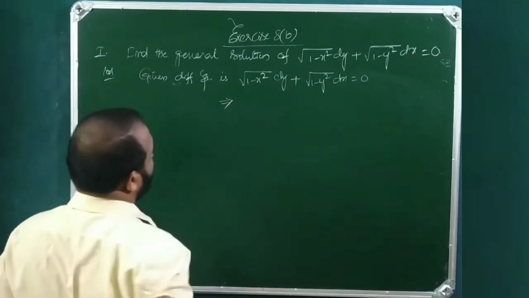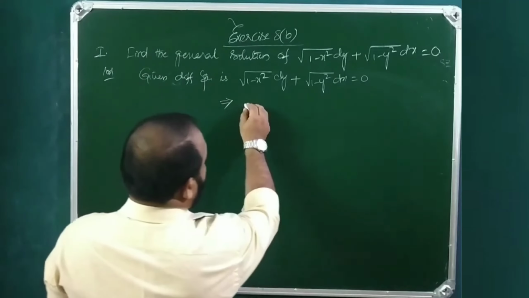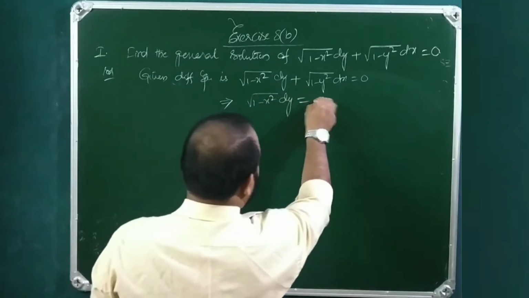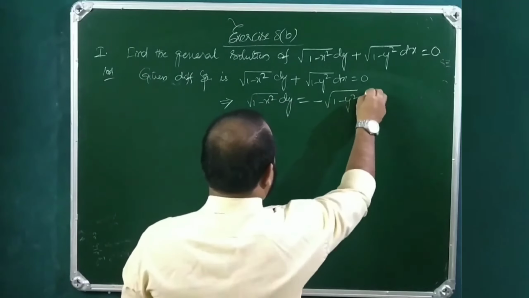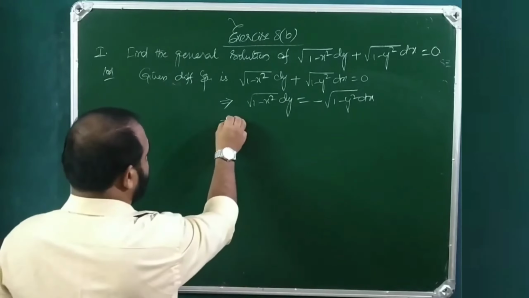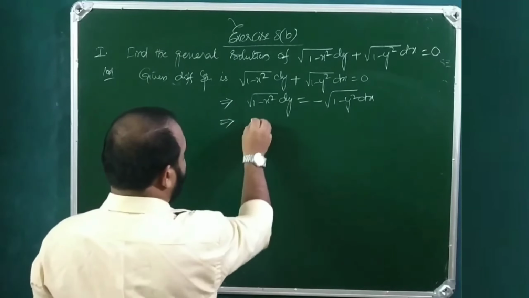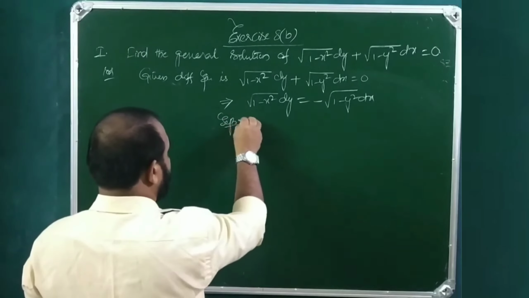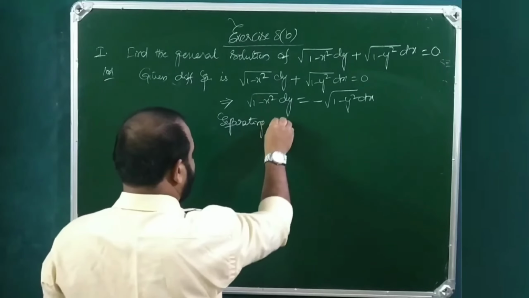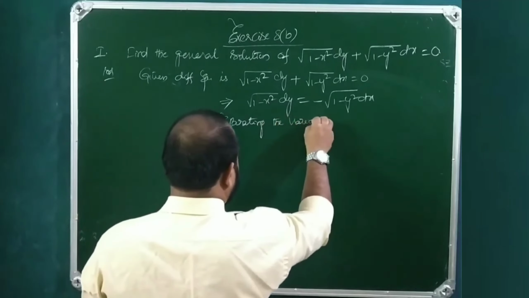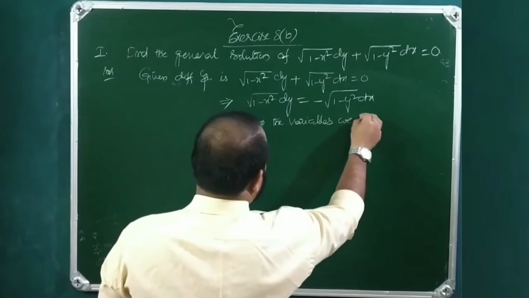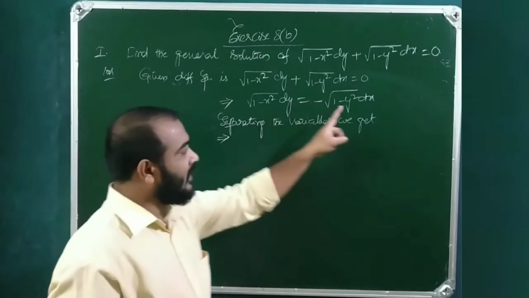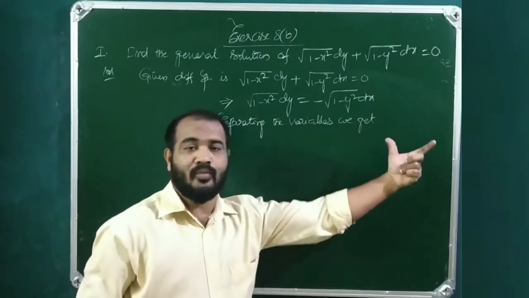So this is root of 1 minus x square dy is equal to minus root of 1 minus y square dx. Separating the variables, we get dy and dx on the numerator.